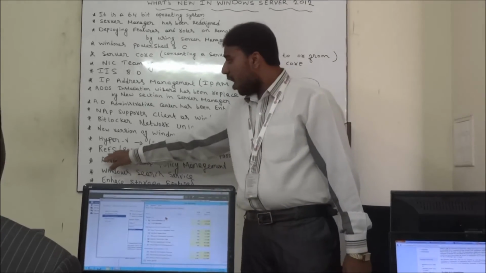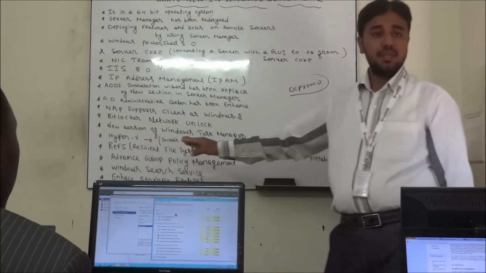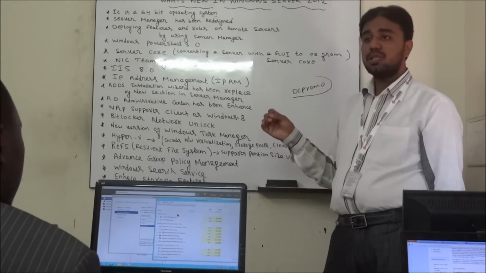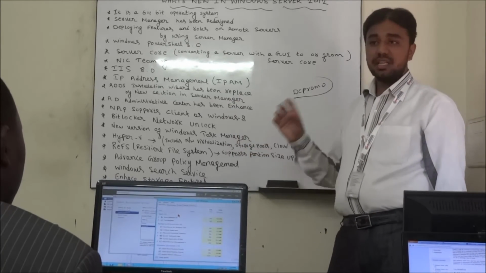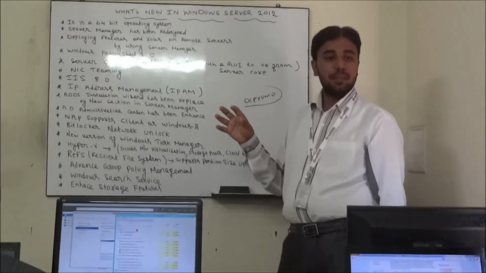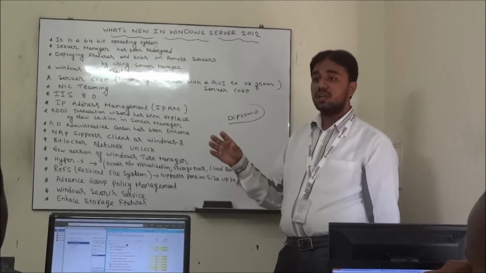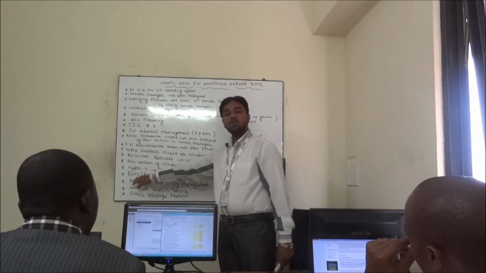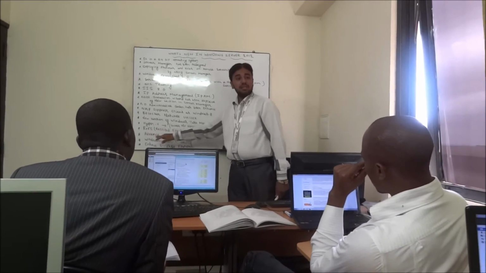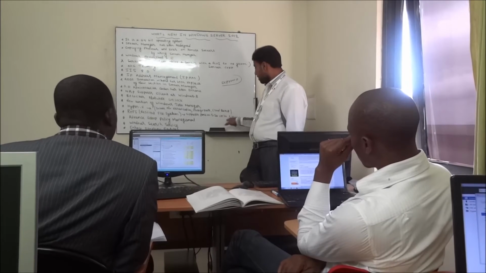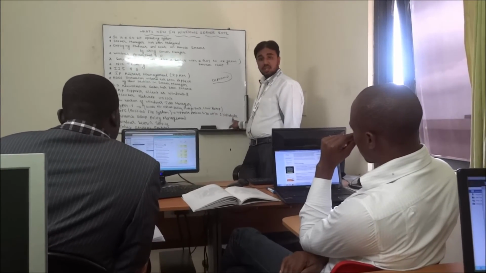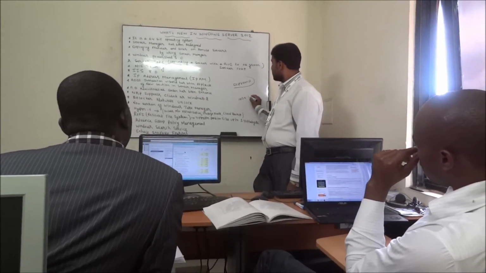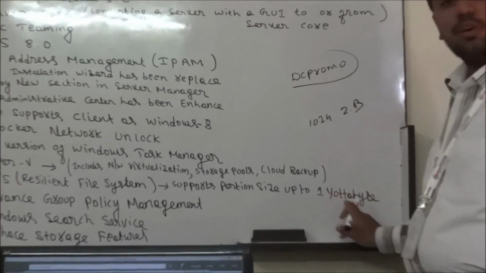Then ReFS, this is one of the new file systems introduced in Server 2012. We have NTFS, which supports a single partition up to 9.4 zettabytes in Server 2008 R2 if I use GPT as a bootloader. But when you come to Server 2012 and use the ReFS file system, you can create a single partition up to 1 yottabyte. 1024 zettabytes is equal to 1 yottabyte.